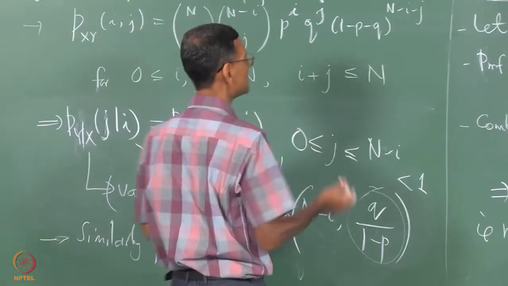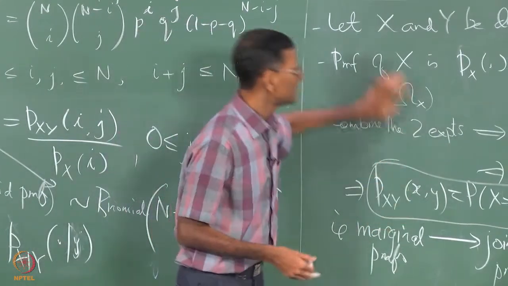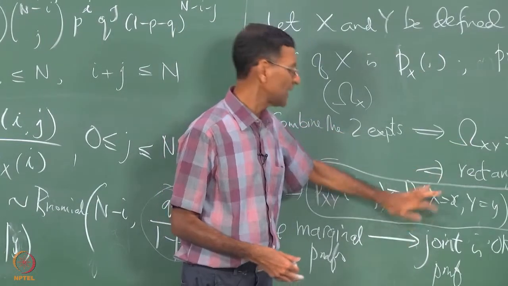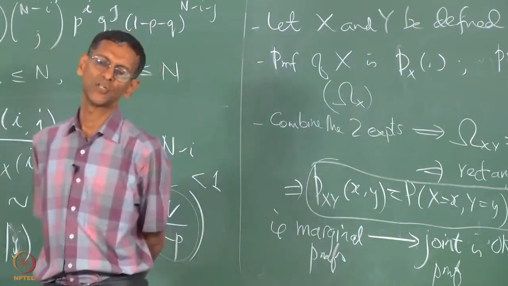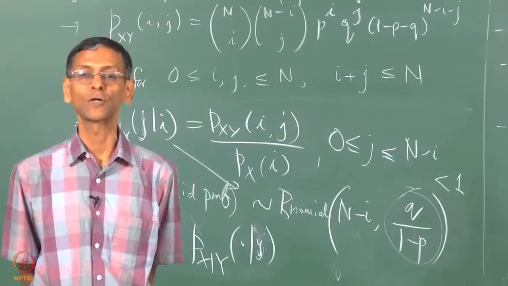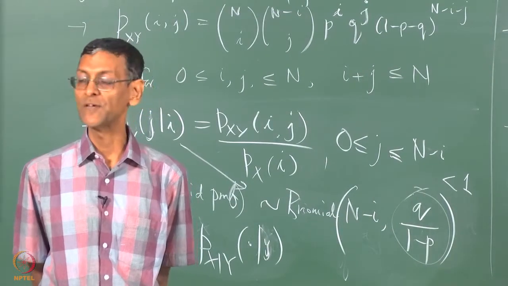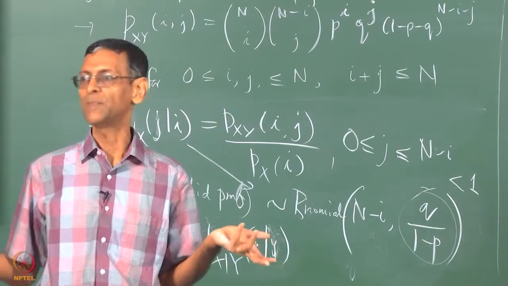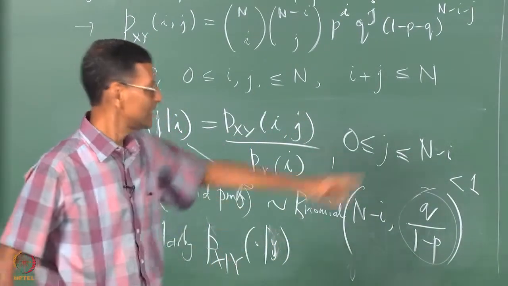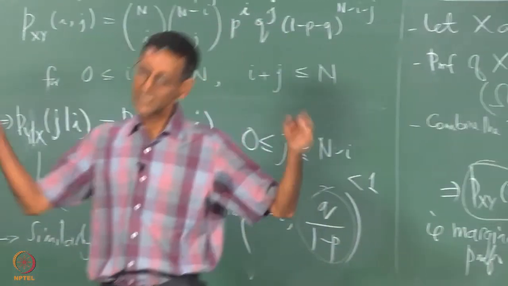Supposing you define two random variables X and Y such that your omega XY first of all is a nice grid, and secondly you calculate the joint PMF and you find that it is in fact the product of the marginals. This is the situation that we had first when I talked about independence of events. So magically some P(A and B) happened to be P(A) times P(B). Like that you can also get P_XY, this equality can hold even without explicitly being forced.